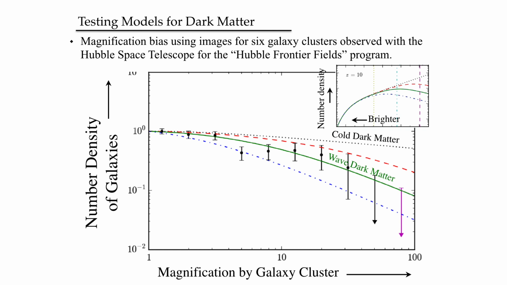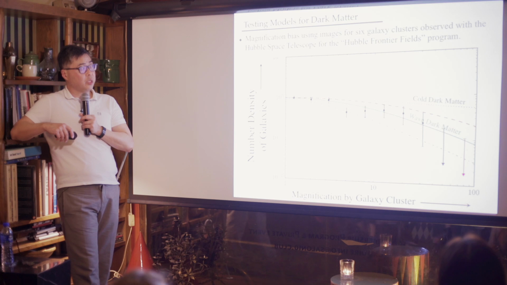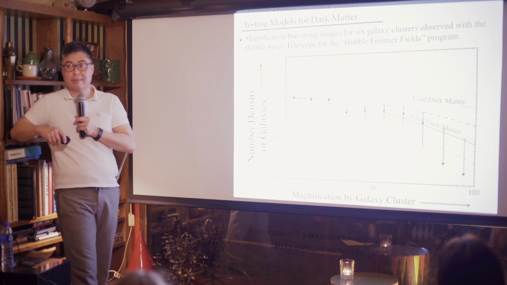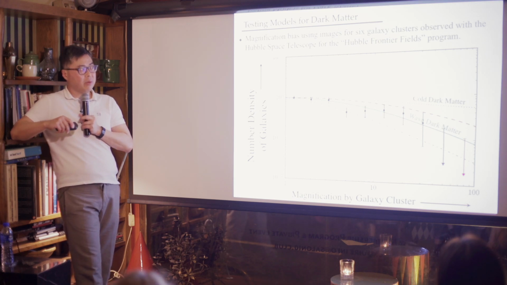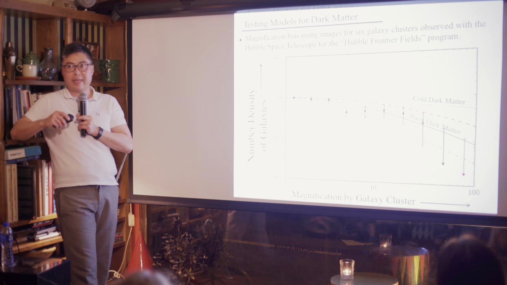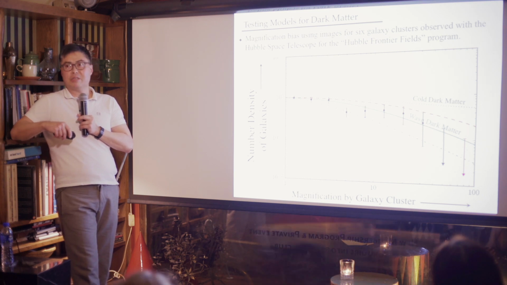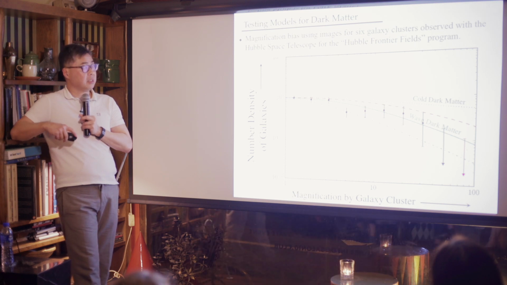My graduate student is finishing up the paper, and if we are correct, this would be the first strong evidence that dark matter in our universe is not what we've been thinking of for the last few decades. It is this much stranger form that's just been recognized over the past decade or so.